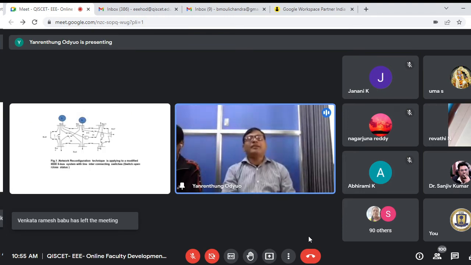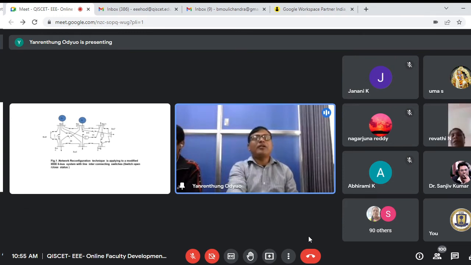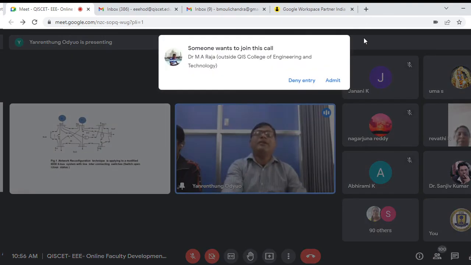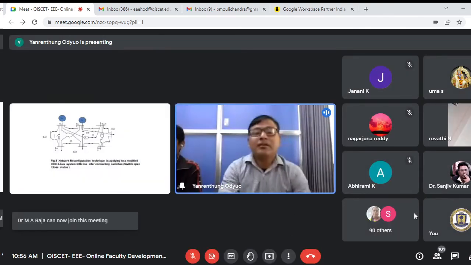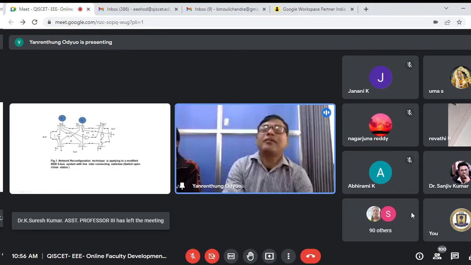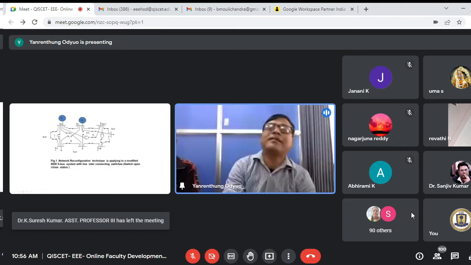Now I am explaining network reconfiguration. You see, we have an 8 bus network. Rather than bus, you can say we have an 8 node network, because on the distribution side, instead of bus, we call it a node.